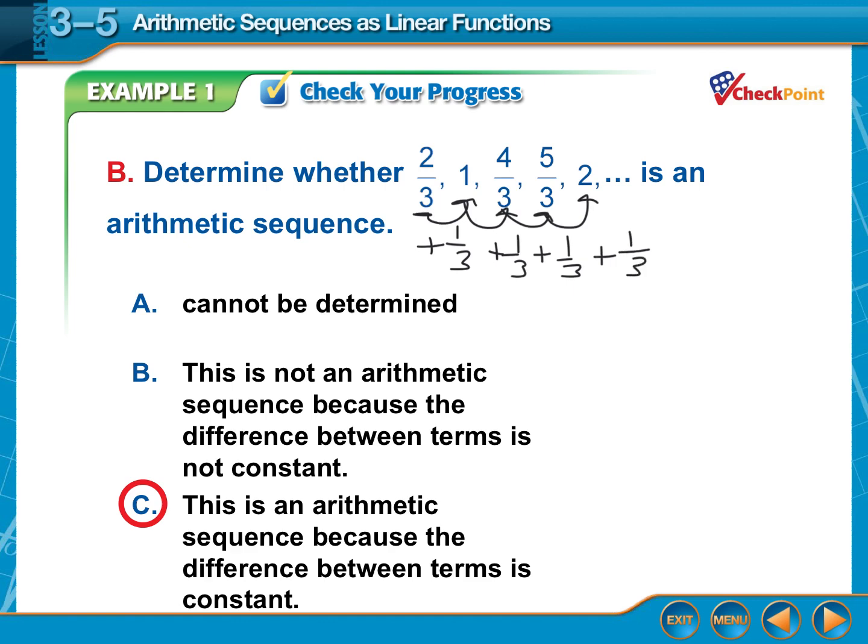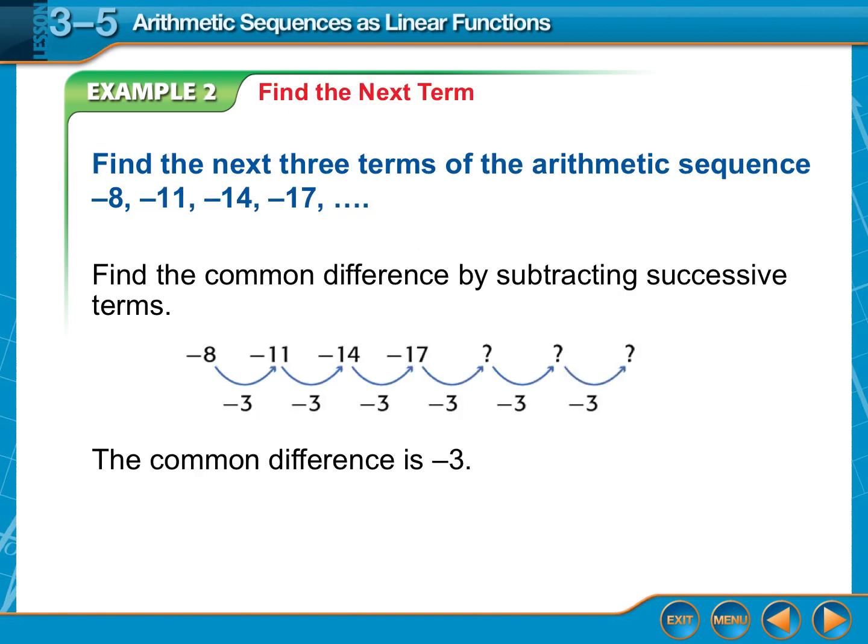So is that a sequence? What's our slope? m equals 1/3. How do we know if it's a sequence or not? Little review. It's consistent with our slope. Every time we move to a new term, it's the same thing.